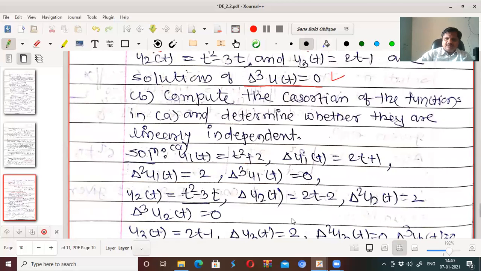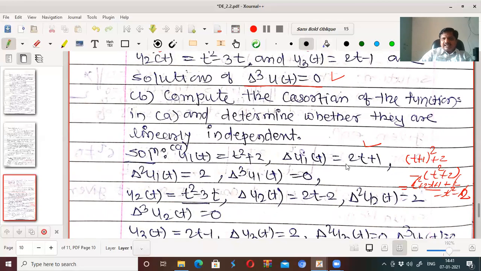We know that delta u1(t) is u1(t plus 1) minus u1(t), which is (t plus 1) whole square plus 2 minus (t square plus 2). (t plus 1) whole square is t square plus 2t plus 1, plus 2, minus t square minus 2. The 2 gets cancelled, and t square minus t square cancels. So we get 2t plus 1.